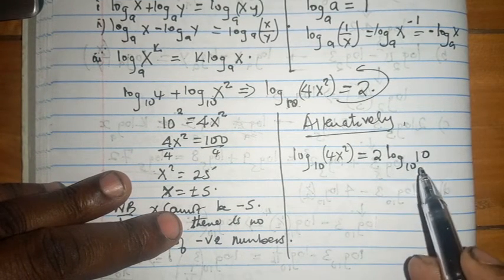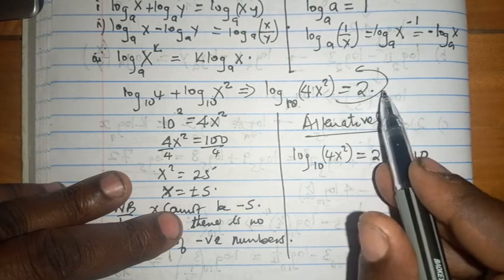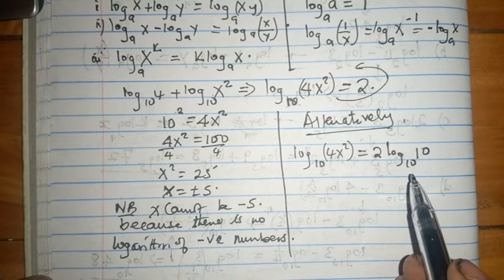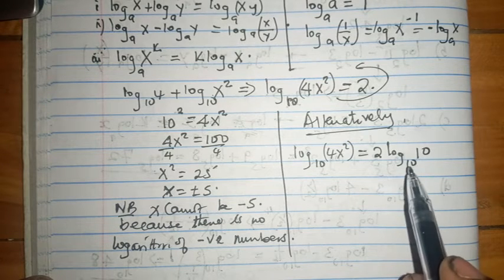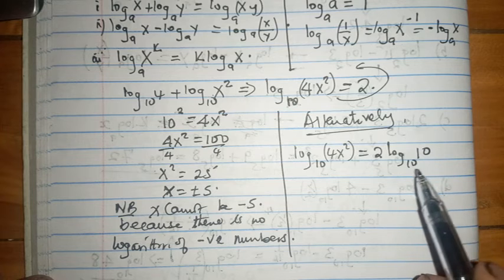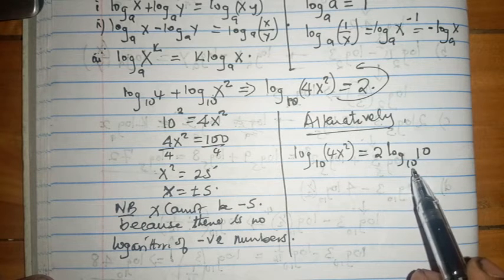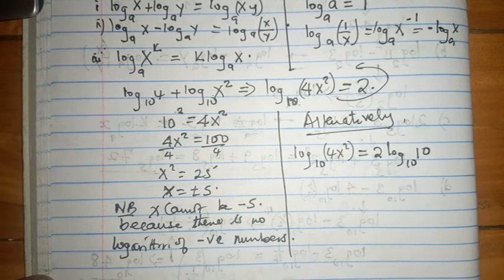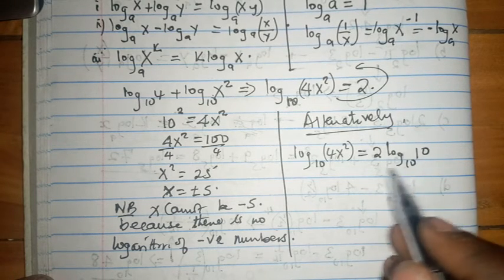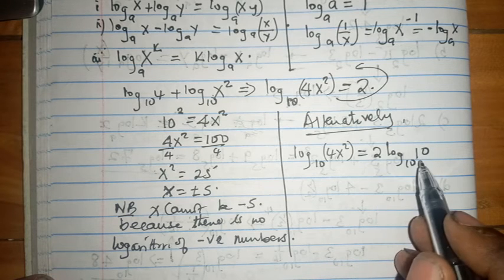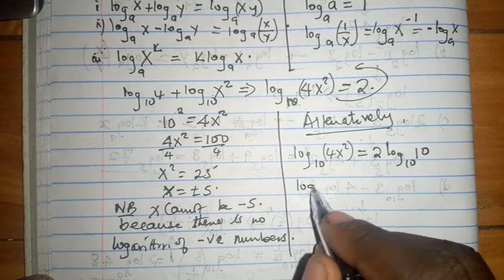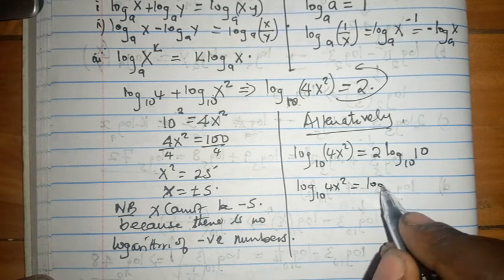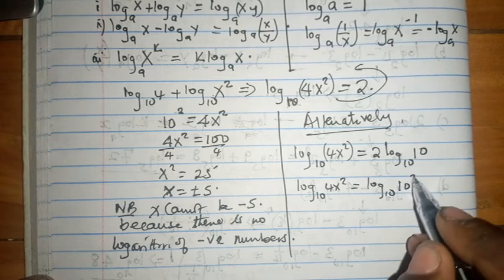But the way we have introduced log to base 10 on the right hand side is we have introduced it in a way that it cannot affect anything, because we have brought just 1, which is in the form of log to base 10 of 10, which is 1. 1 times 2 remains 2. And now at this point we can affect this with the index law, which is log to base 10 of 4x squared is equal to log to base 10 of 10 squared.